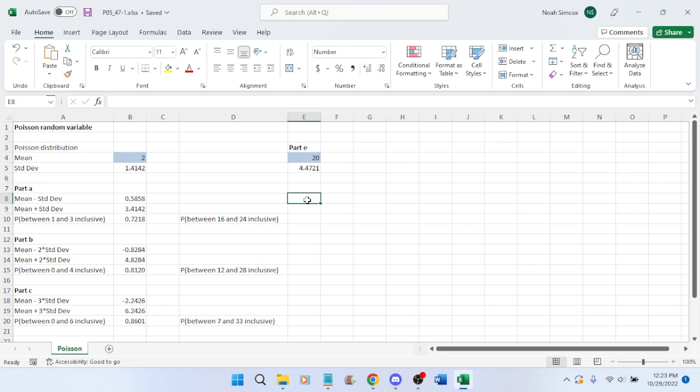So now we'll do this equals 20 minus standard deviation and equals 20 plus standard deviation. So they rounded up and then they rounded down. Hilarious.